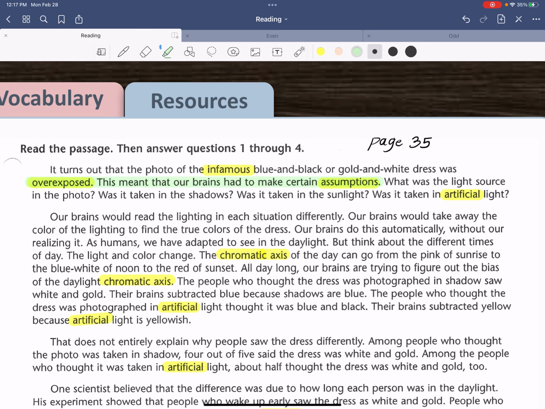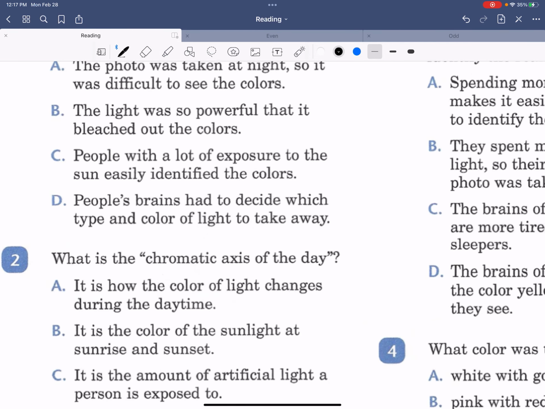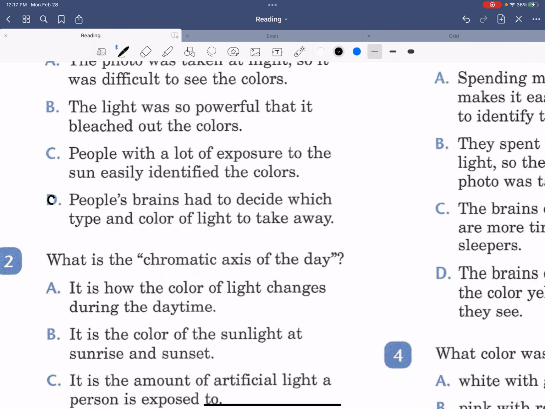Was it taken in the shadows, in the sunlight, artificial light? Our brains would take away the color of the lighting to find the true colors of the dress. So I like option D on this one. People's brains had to decide which colors to take away.